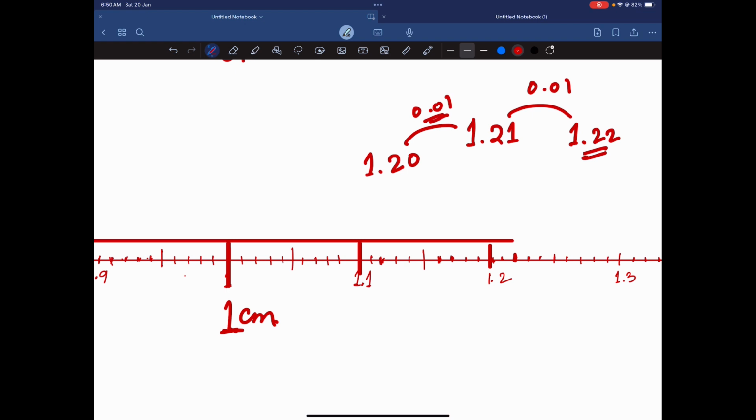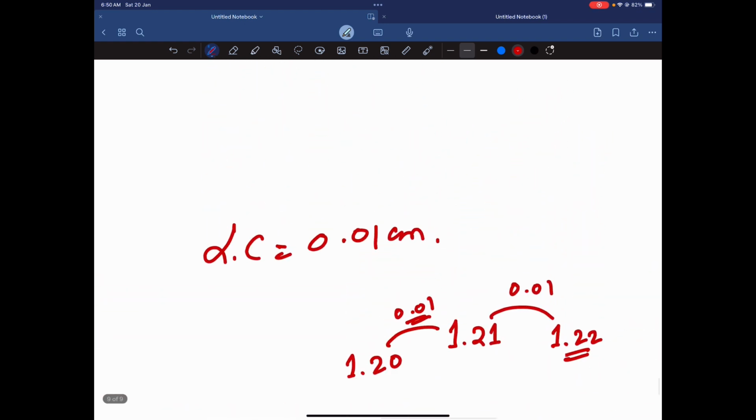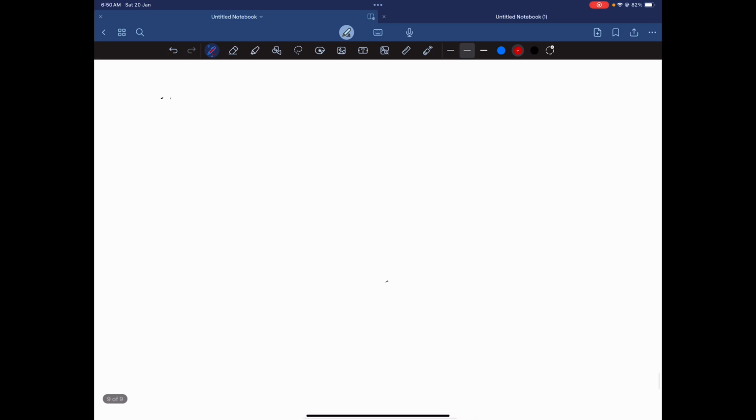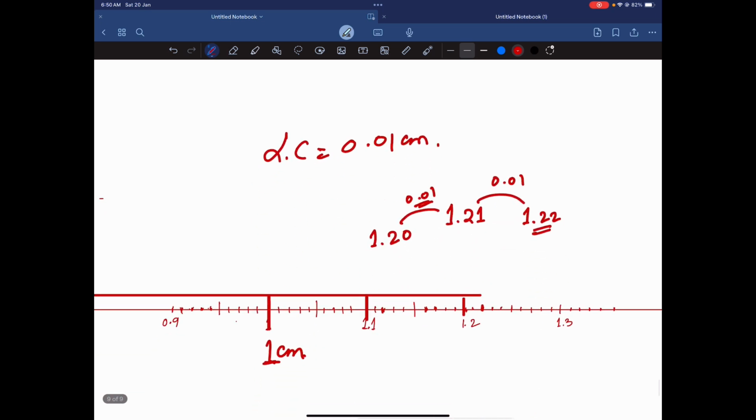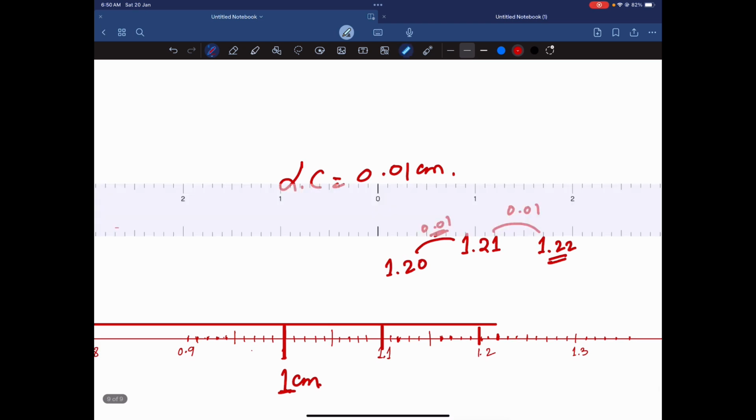So the maximum possible error that you could make will be the least count. For the first case, when the ruler was this, it was the least count. So I hope you get that. This was our case.